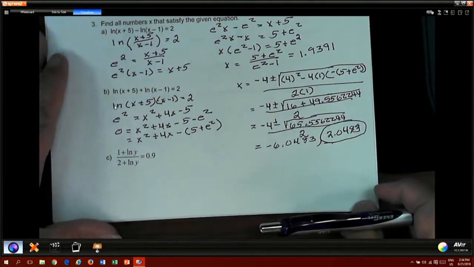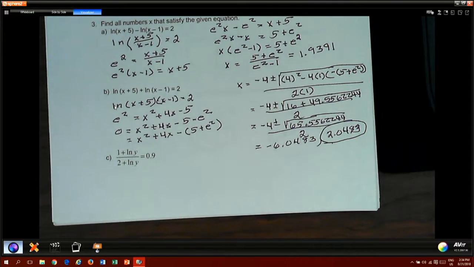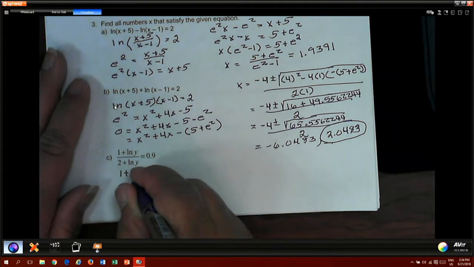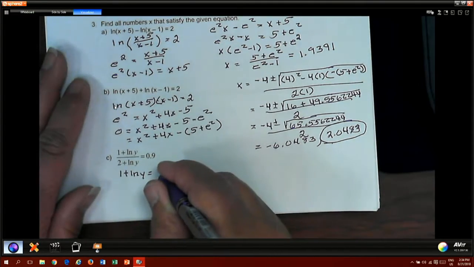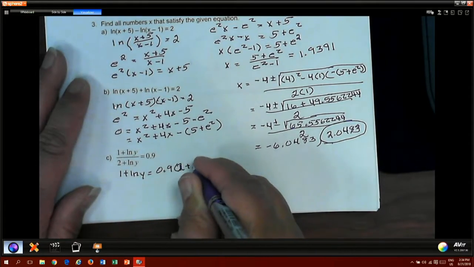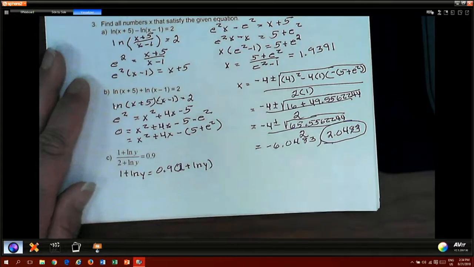Okay, so let's do this last one. So the first thing we have to do is multiply both sides by 2 plus ln of y. We can't change anything to exponential form until we get the ln by itself. So the whole beginning part of this problem is algebra. So we have 1 plus ln of y equals 0.9 times 2 plus ln of y.